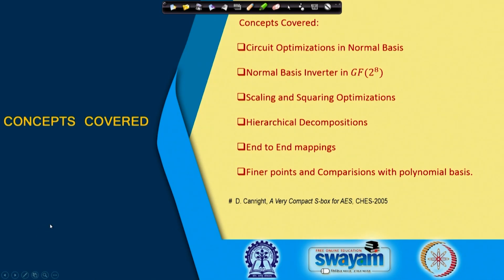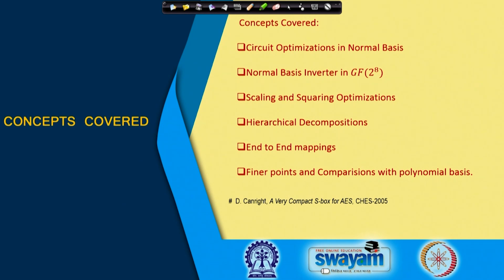So, in today's class what I will try to cover is essentially to work out the circuit optimizations that we were trying to see in the context of polynomial basis, for normal basis. We shall look into the normal basis inverter in GF(2^8), consider the scaling and squaring operations and optimizations which we saw in the polynomial basis, and work them out again in the normal basis.